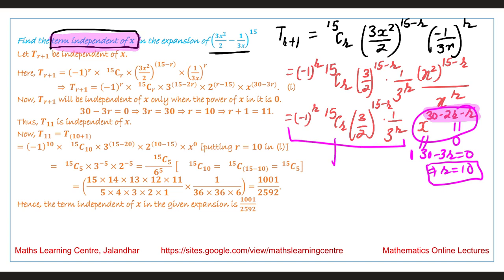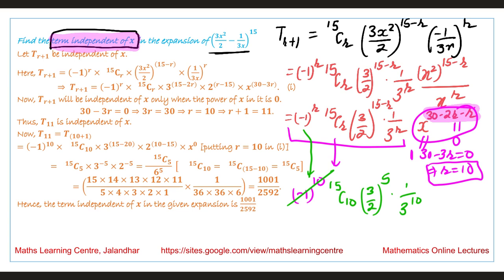When r is equal to 10, we get minus 1 raised to the power 10, 15C10, 3 by 2 raised to the power 5 and 1 by 3 raised to the power 10.